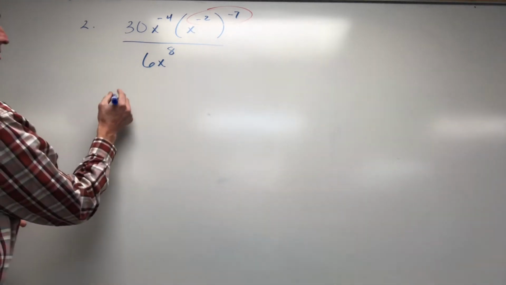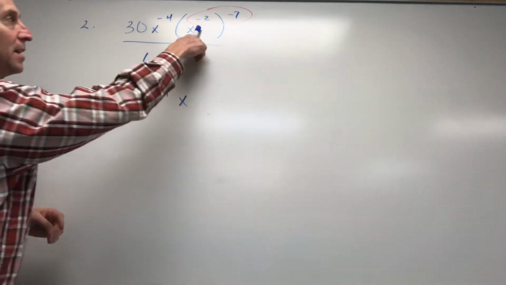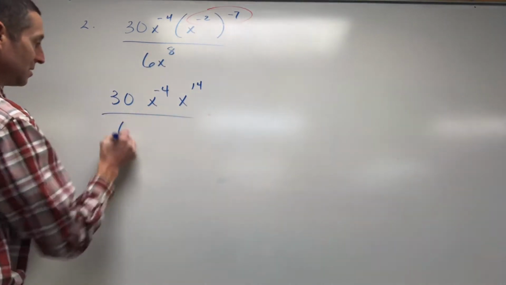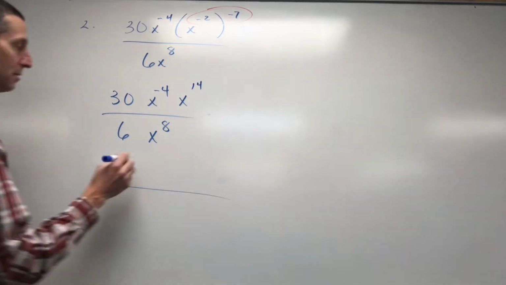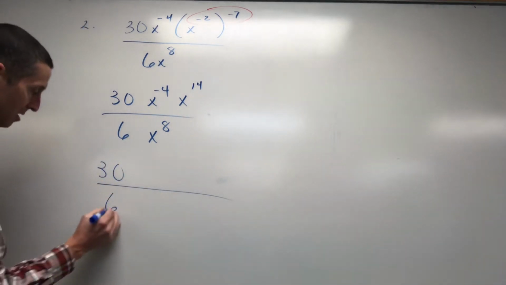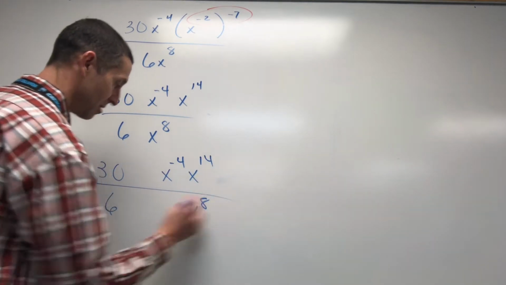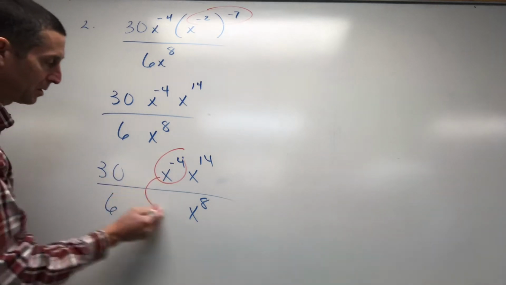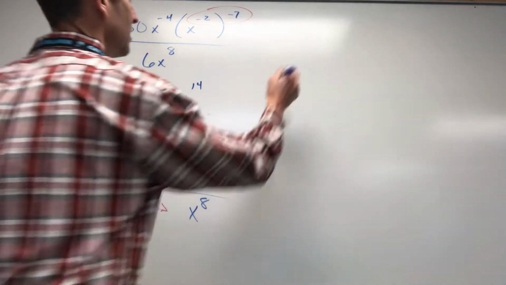So here is 30, x -4, -2 times -7, +14, 6, x to the 8th. I've got one other that is a negative. So I have this x to the -4 right here. I'm going to grab him and move him down. All right, let's do this.